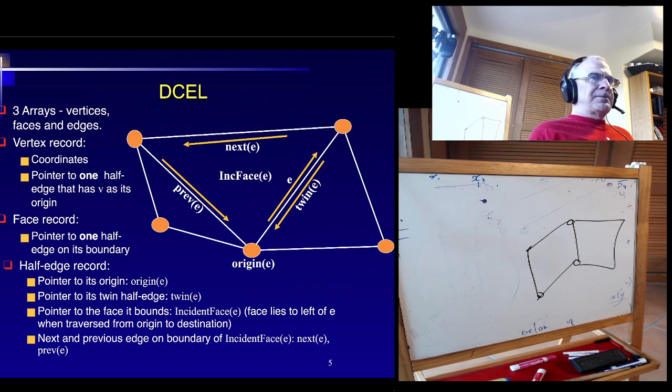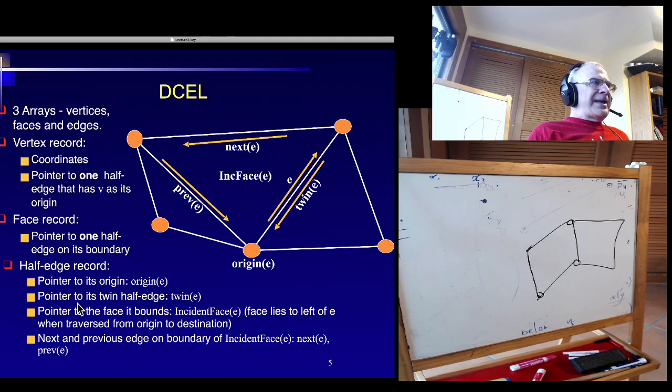If you didn't play with pointers in C, just think about it as an index in the other arrays. It also needs a pointer to the twin half-edge, so I have a way to get from E to its twin, the half-edge adjacent to it, and a pointer to the face that it bounds.